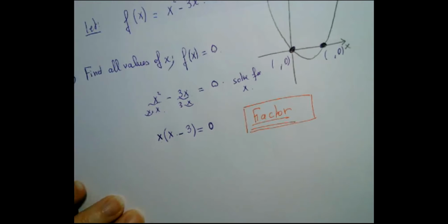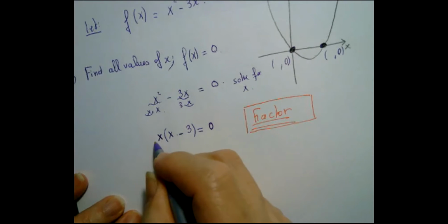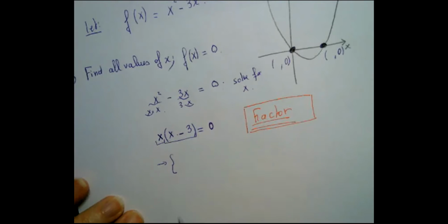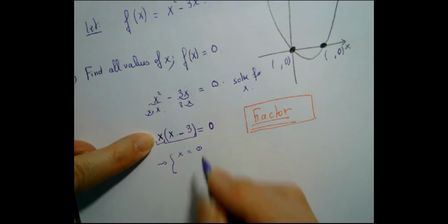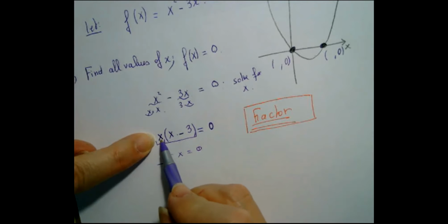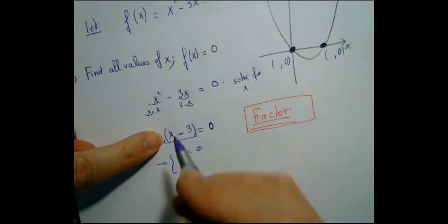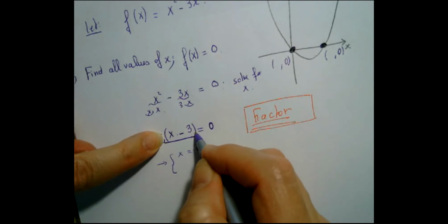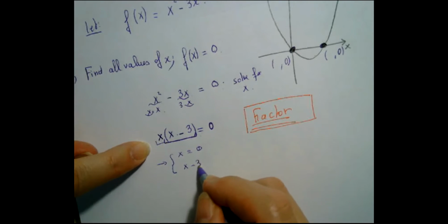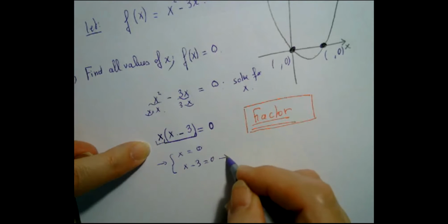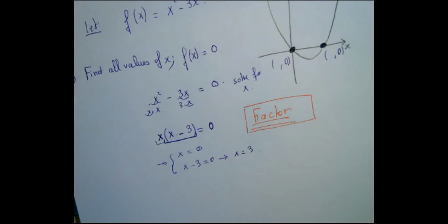Now, if this is equal to 0, what does this mean? Which value of x will make this 0? If x is 0, the whole thing will be 0. And everything that makes x minus 3 equal 0 will make the product 0. x equal to 3. Okay, so let's go back.